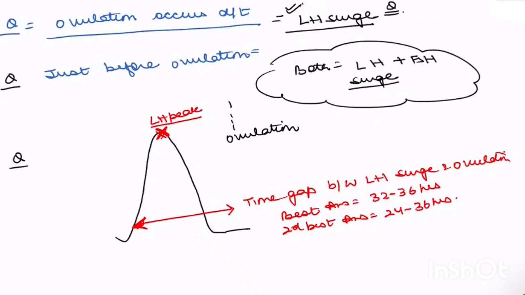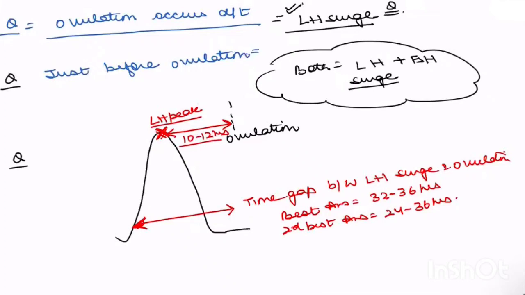So क्वेश्चन पूछा जाए कि LH surge and ovulation के बीच में कितना टाइम गैप है, it is 32 to 36 hours. बट अगर क्वेश्चन पूछा जाए कि LH पीक एंड ओव्यूलेशन में कितना टाइम है, LH पीक मतलब वो लेवल ऑफ LH जब वो मैक्सिमम हो गया, तो LH के मैक्सिमम होने एंड ओव्यूलेशन के बीच में कितना टाइम है? This is, sorry, excuse me, 10 to 12 hours.